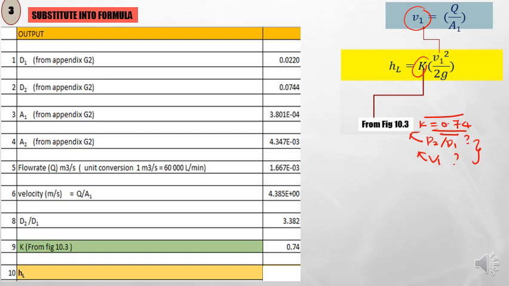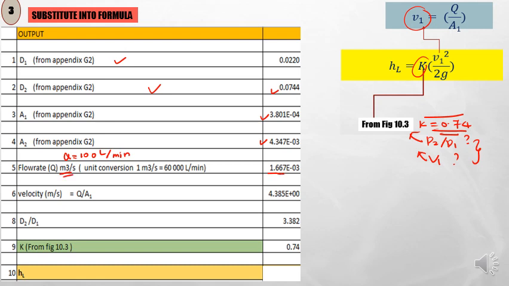This is the value that I get from the appendix for D1, which is 0.0222, and D2. A1 and A2 are from the appendix directly, and this one is the flow rate. Remember that the question gave us a flow rate of 100 liter per minute, so I convert it into SI units.